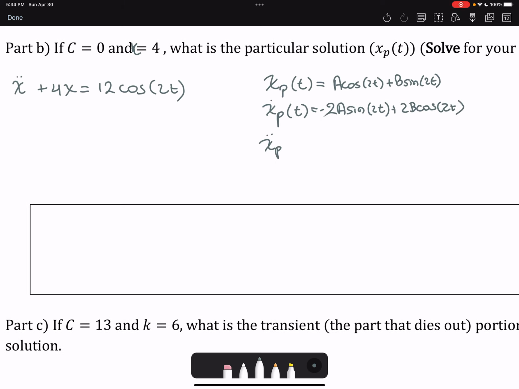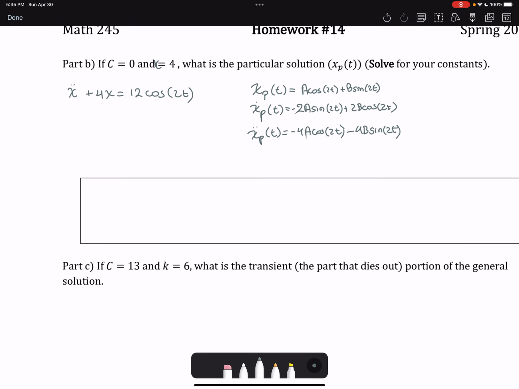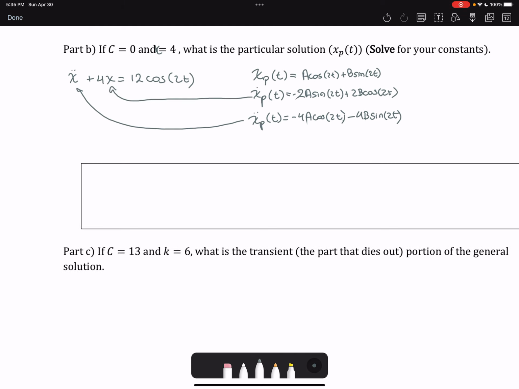Take the derivative once again, and it becomes minus 4a cosine of 2t minus 4b sine of 2t, and actually I need a negative there. And now we input this stuff in here and then match the coefficients and try to solve.